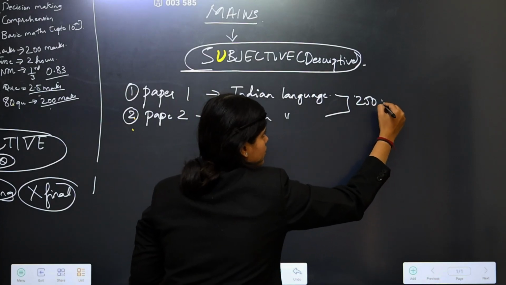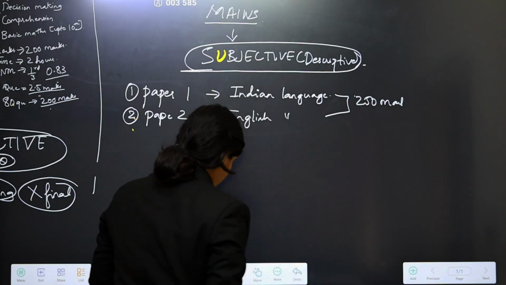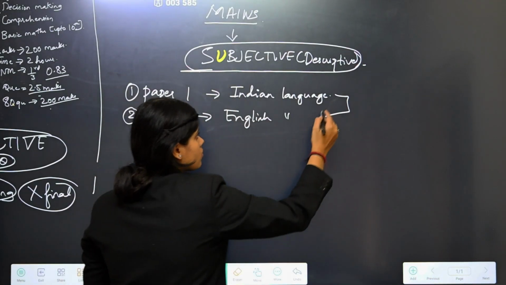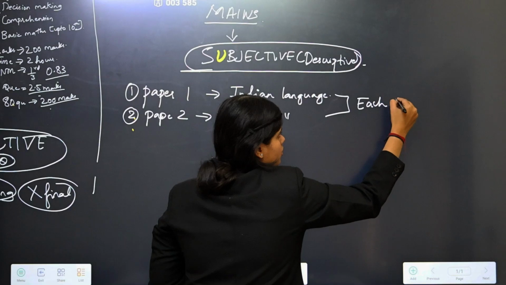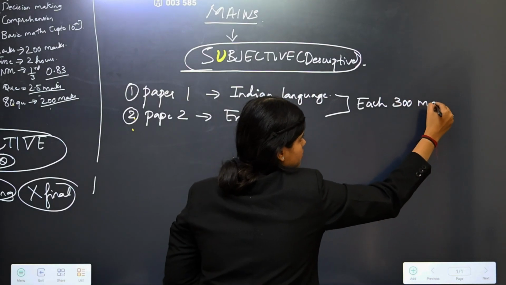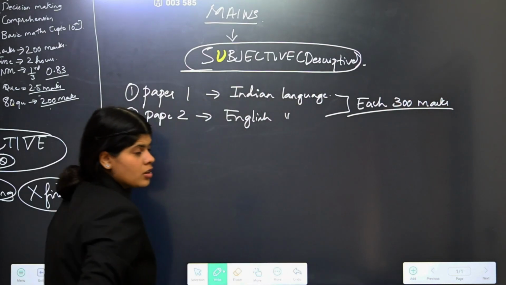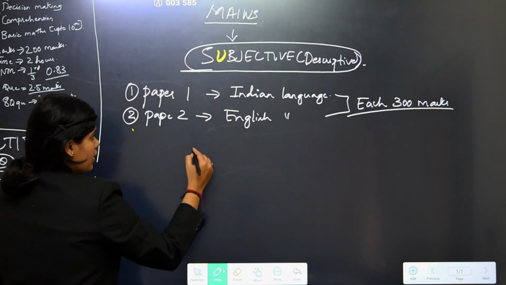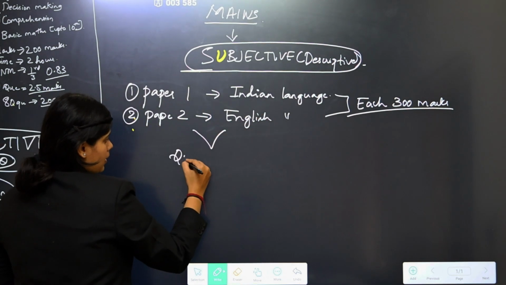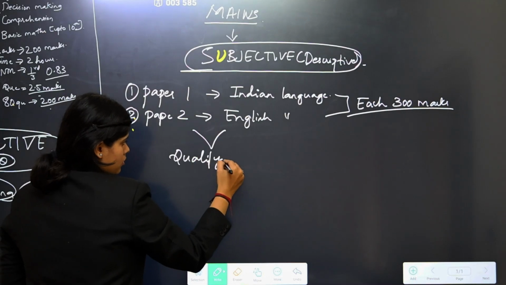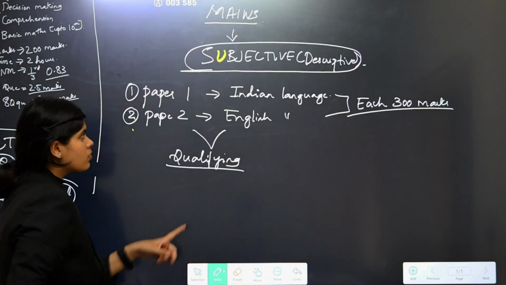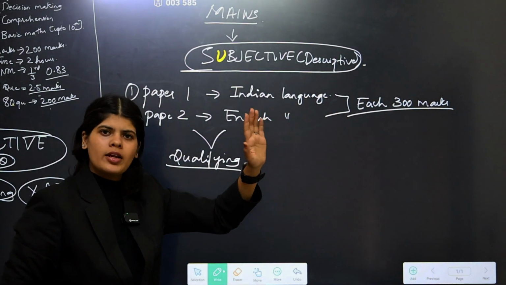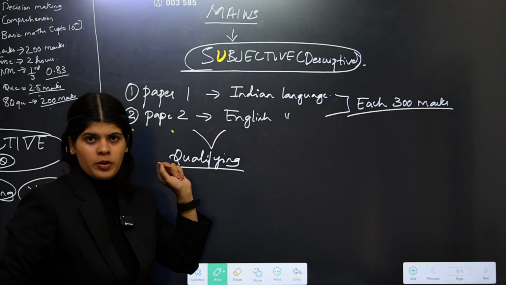Each paper is going to be 300 marks, and both these papers are qualifying. Paper 1 is your Indian language, you can choose Hindi, Kannada, whichever you are good in, and paper 2 is your English.